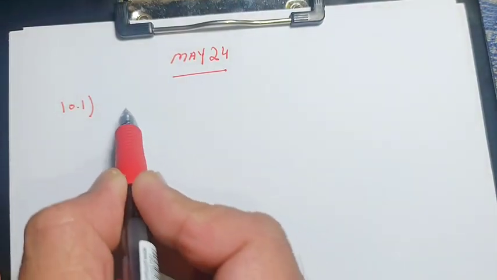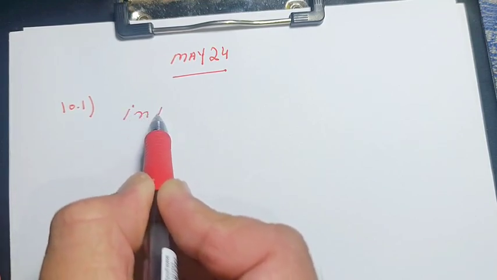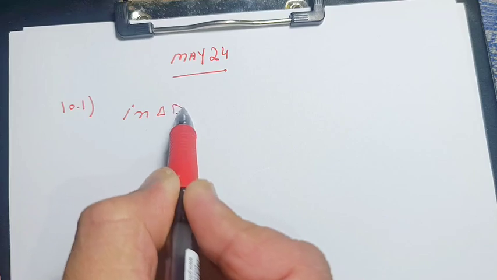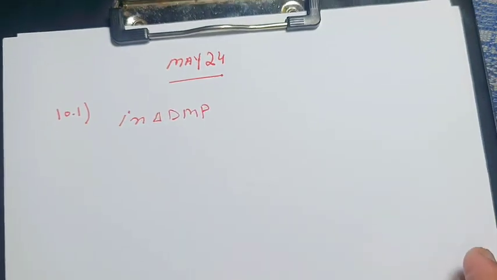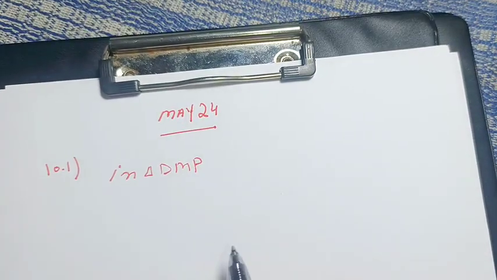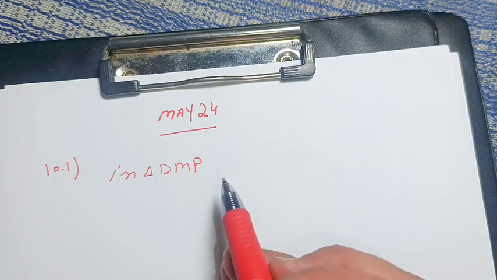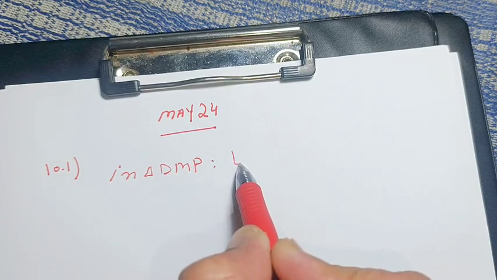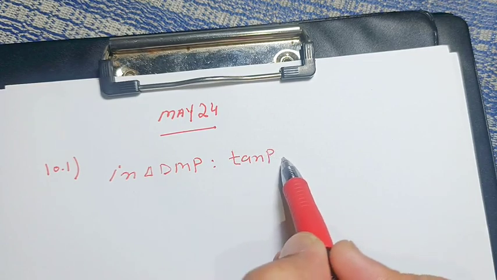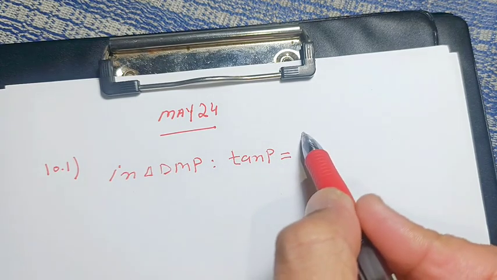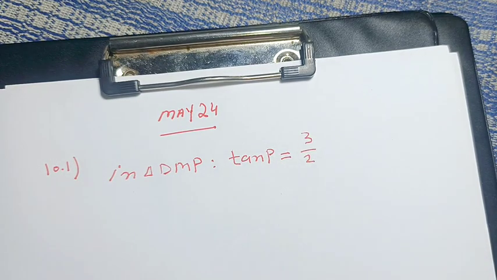So in triangle DMP, we apply tan, so tan P is equal to 3 over 2.